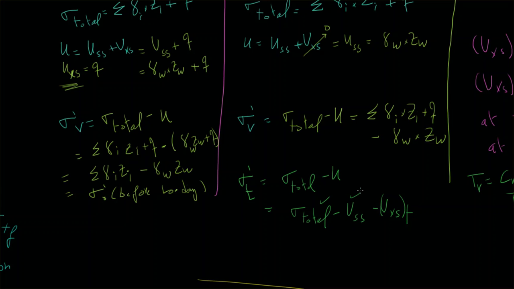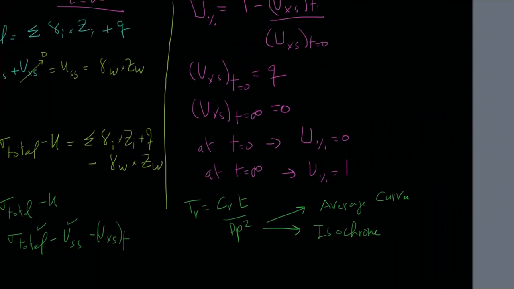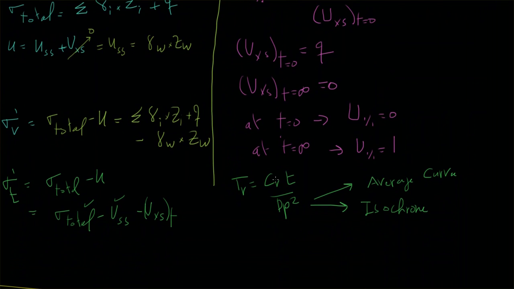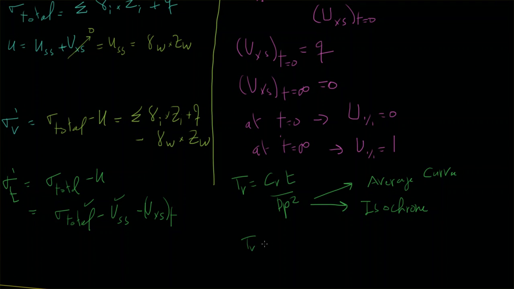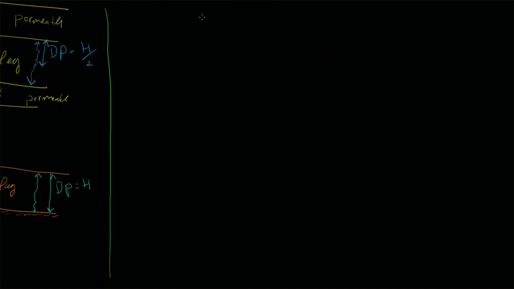So we could find this using the past chapters, while U_xs, which is the excess pore water pressure at time t, can only be found using this process right here. So we can find T_v, then find U percentage, then find U_xs at time t. Now just to recap the sheer amount of information we had to find the rate of settlement or the settlement at time t.